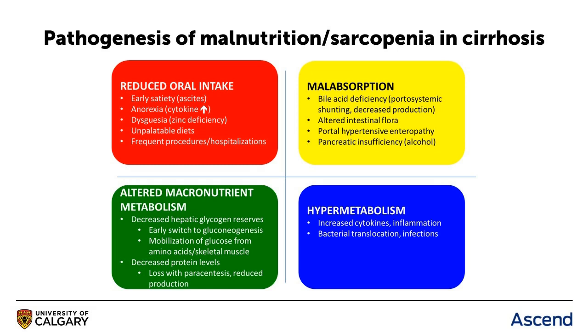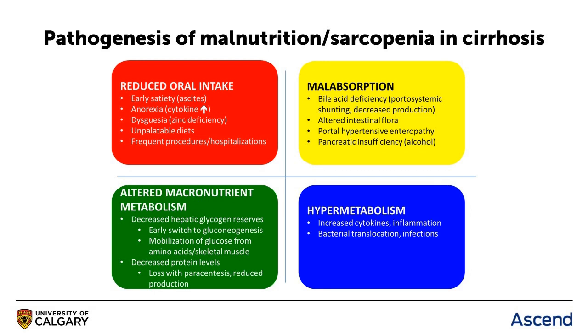So we see decreased hepatic glycogen stores. The liver is not as able to store carbohydrate in the liver. We have less muscle mass, so the muscle is also not storing that carbohydrate. And so we're seeing a mobilization of glucose and amino acids out of our muscle tissue instead.